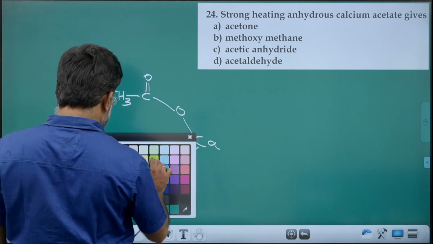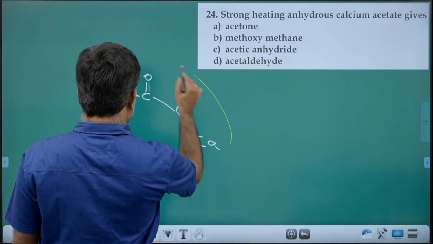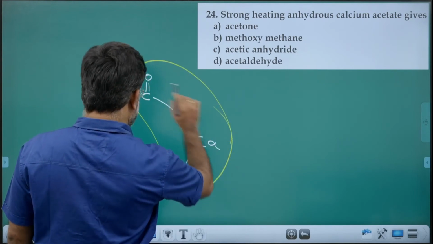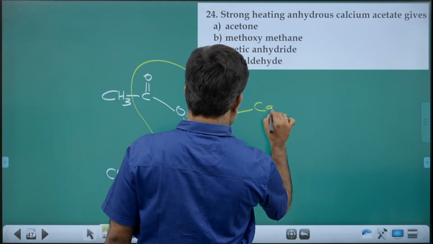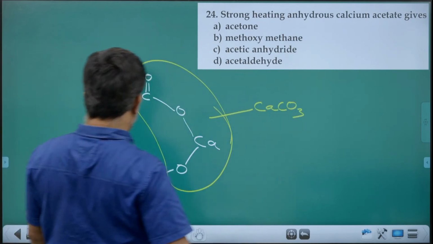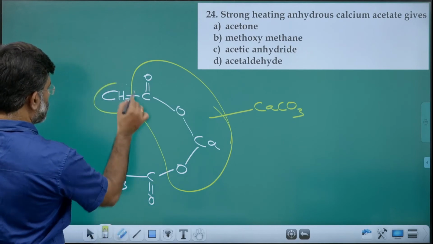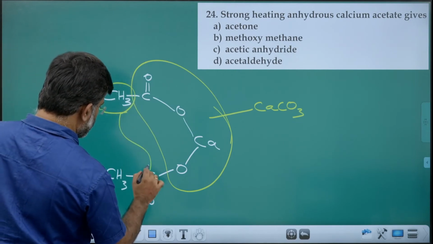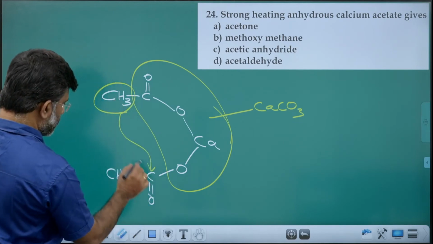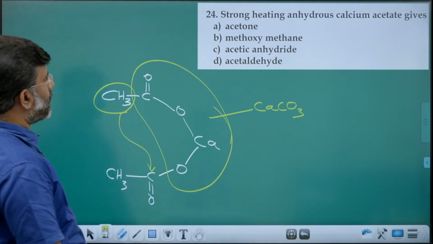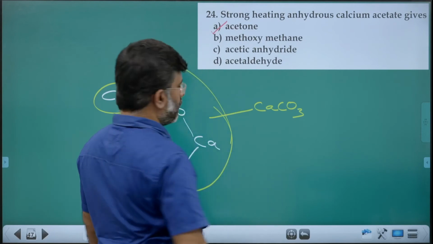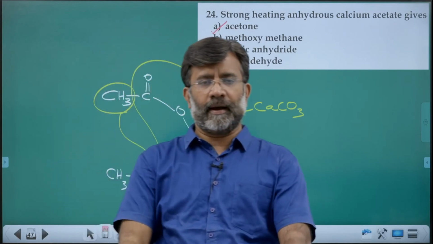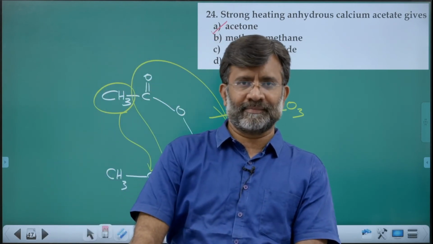Upon strong heating, what do you get? CaCO3 out. And the remaining parts get connected. You get CH3COCH3, acetone. Answer is option A, acetone. Next one.